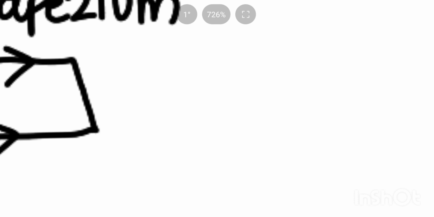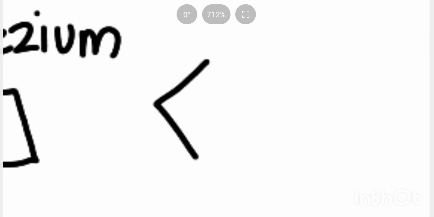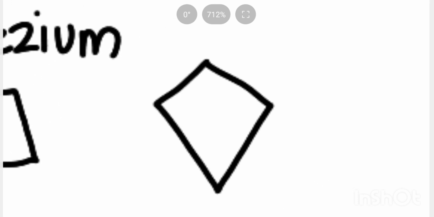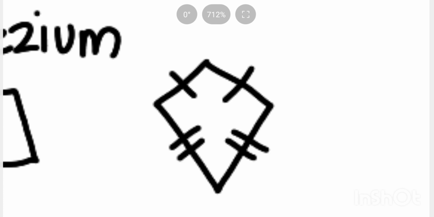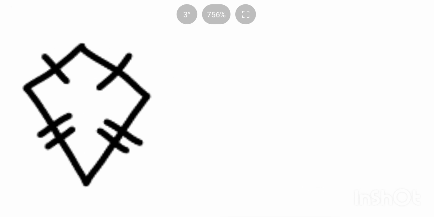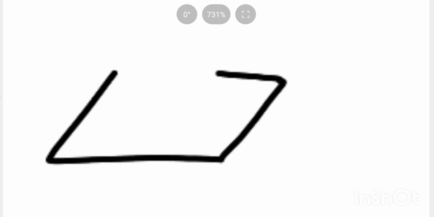It's not a kite, because you need to have 2 pairs of equal sides, like this. This is one pair, this is the other pair of sides of equal length. Parallelogram, again, you need 2 pairs of parallel sides and they need to be equal.